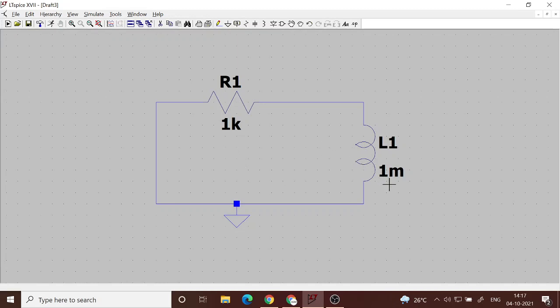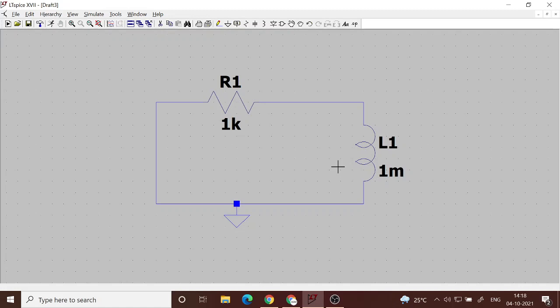So the time constant depends upon L and R. So what was the value of the time constant that we studied earlier? Was it time constant increases with inductance, and decreases with resistance.